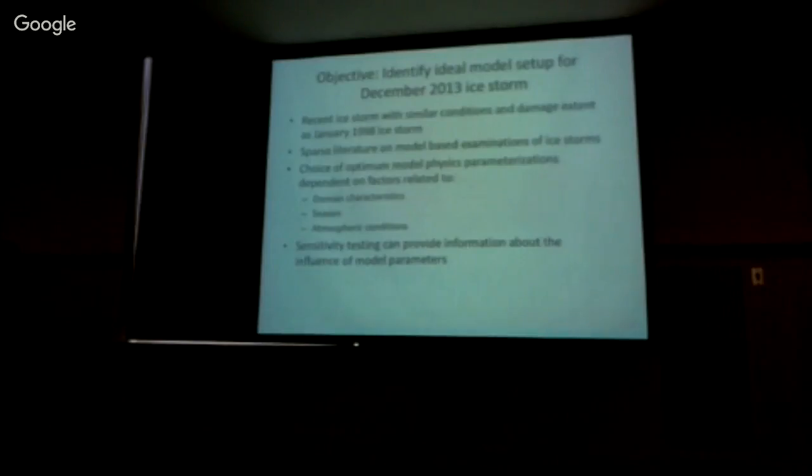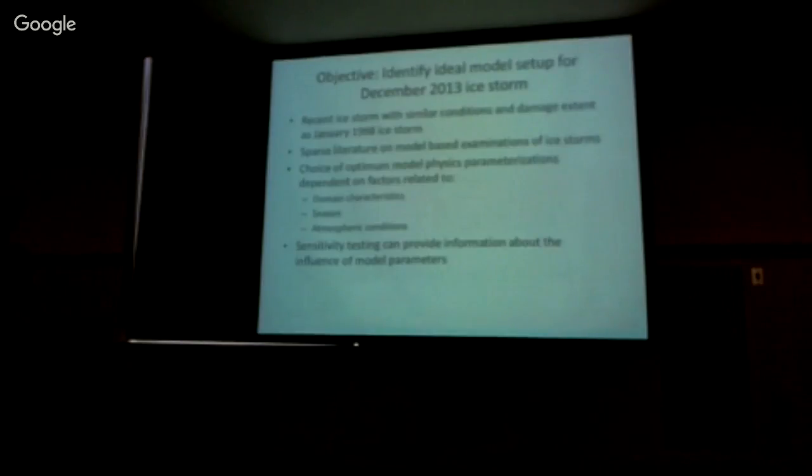Now, in terms of modeling, this is difficult because processes that happen at subgrid scales are represented through parameterizations. There's a wide variety of these types of parameterizations, and the specific choice is dependent on characteristics of the domain, such as topographical features, as well as the average climate during that season, and then the very specific conditions of any one particular event.